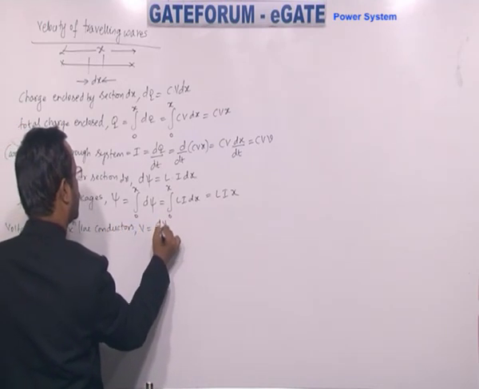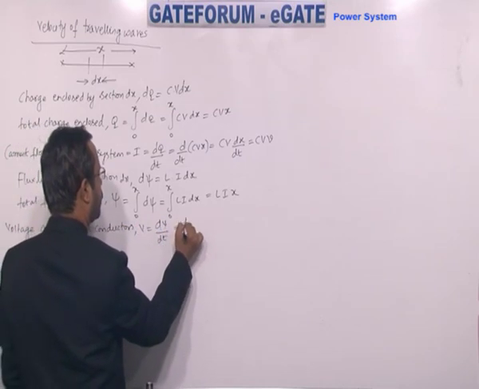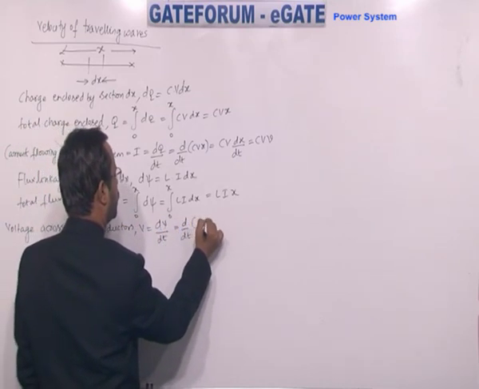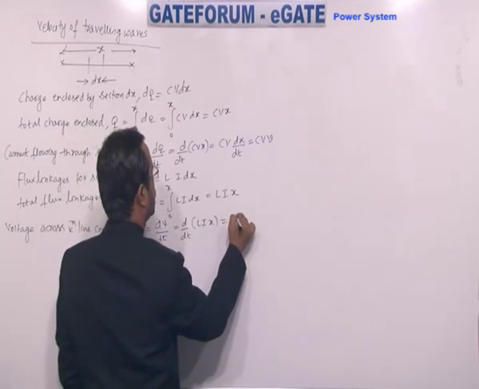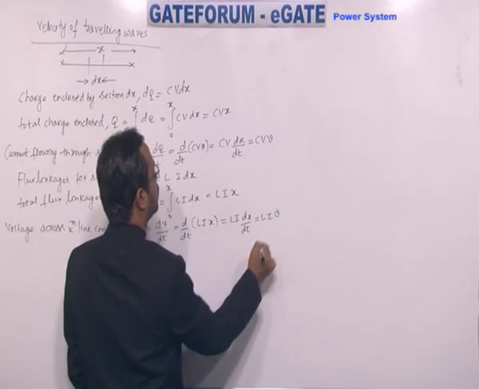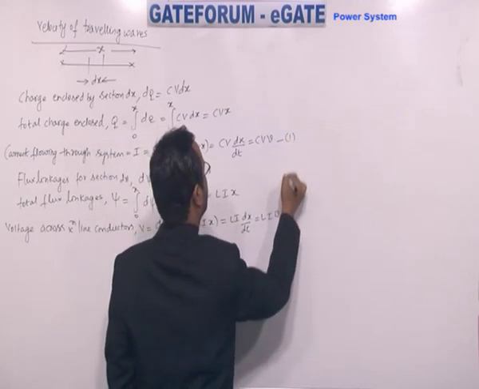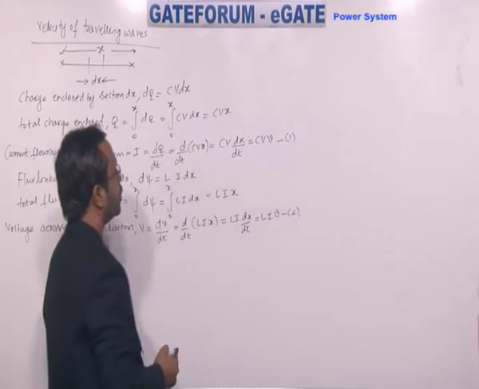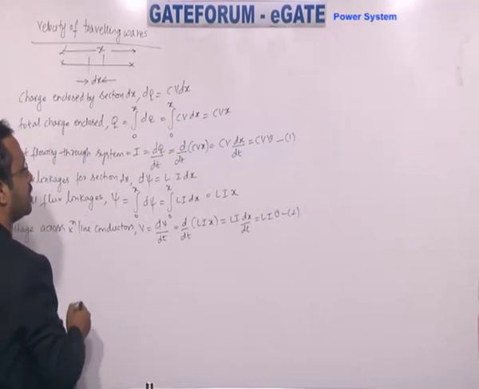V equals d psi by dt, d by dt of LI into x. So LI into dx by dt, how much here? Velocity. So now how to find out velocity?